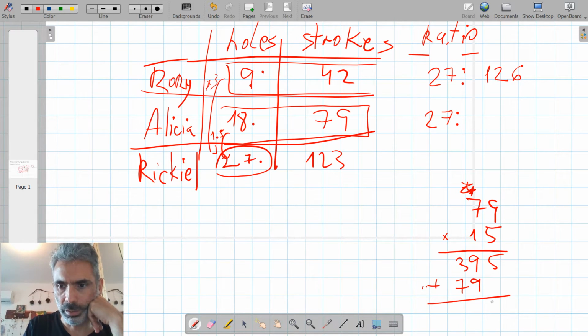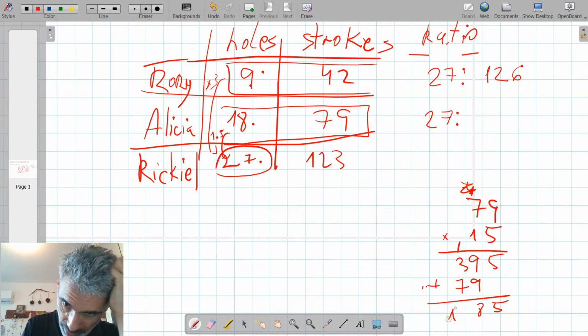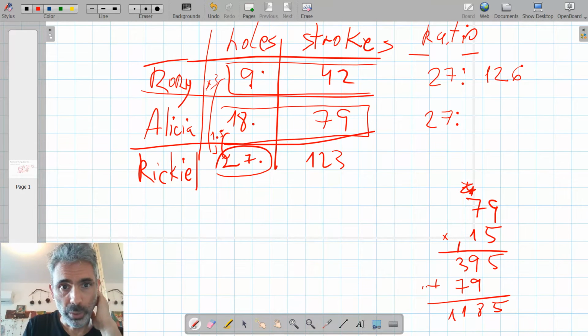Now I add. 5, 9 plus 9 is 18. 1 times 1 plus 3 is 4. 4 plus 7 is 11. Then I need to add the decimal point because I multiplied by 1.5, so I shift the decimal point one place to the left.